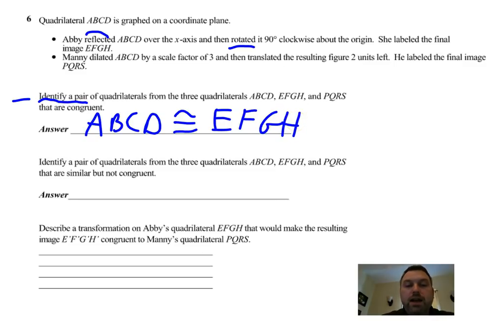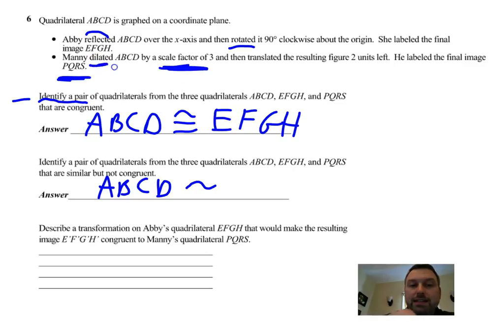Okay. Next one, identify a pair of quadrilaterals from the 3 quadrilaterals ABCD, EFGH, and PQRS that are similar but not congruent. All right. So ABCD is similar. Remember, single squiggly means similar to, in this case, PQRS because of the scale factor.